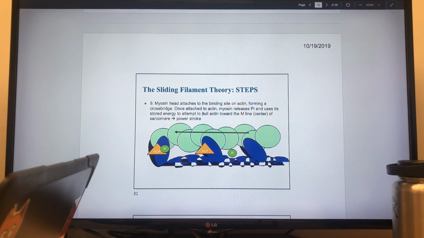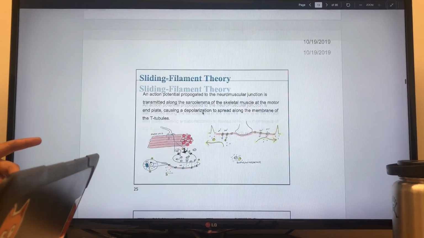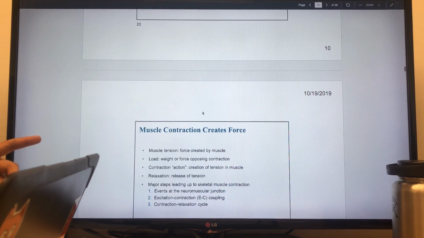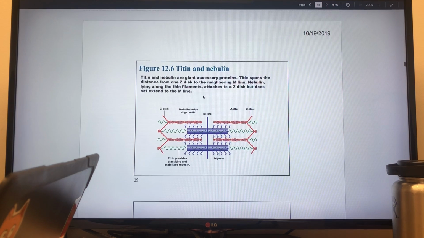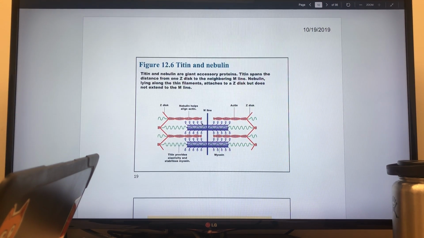Which makes sense, because here, let me show you that picture, one of the breakdown pictures. Here we go. I can't zoom in. But you have this head, and here's the M line. If I was to push, I would be pushing it towards the Z disc. So the myosin head is like this, and then it conforms like that, so it pulls it.